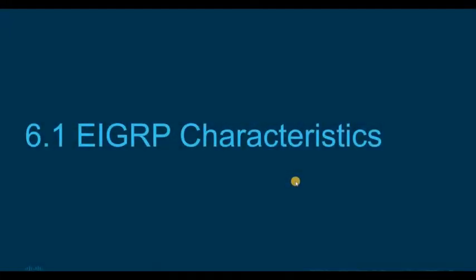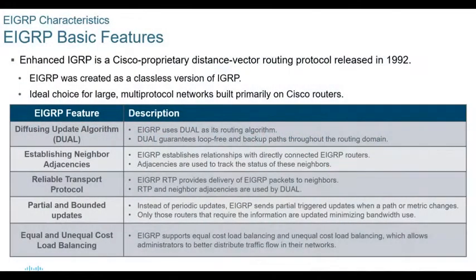Let us start by looking at the characteristics of EIGRP. As we all know, EIGRP stands for Enhanced Interior Gateway Routing Protocol. It is an advanced distance vector routing protocol developed by Cisco Systems.